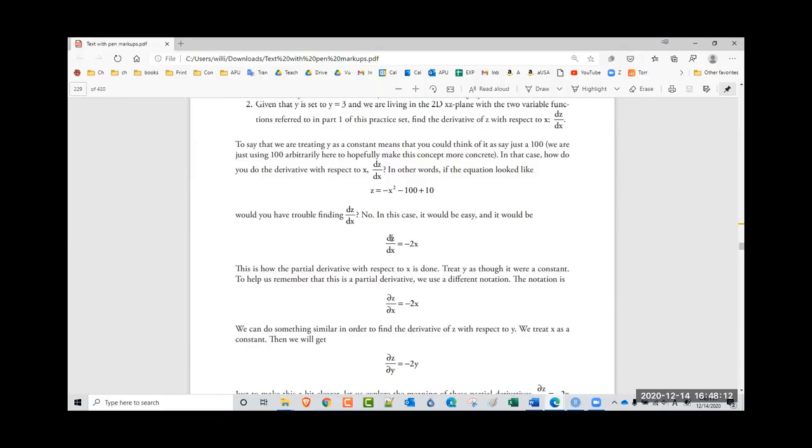We don't use this notation when we're doing partial derivatives. We use this notation just to let us remember that this is not just two variables, this is three-dimensional. And this one tells me this is just two-dimensional.